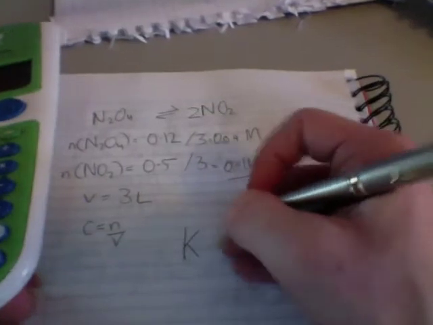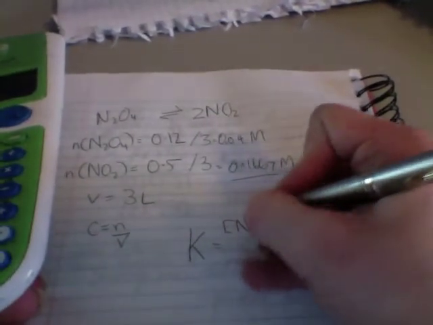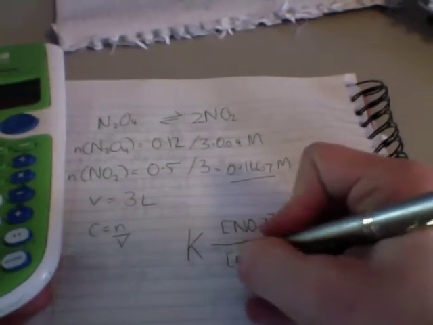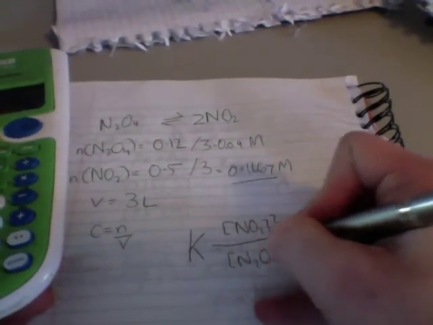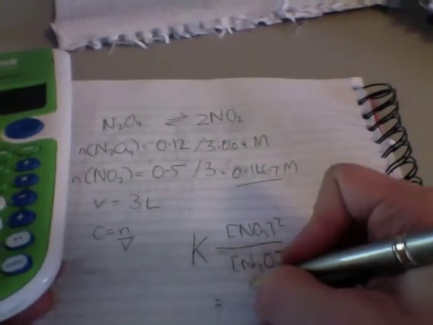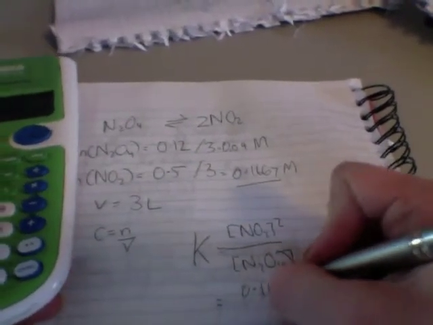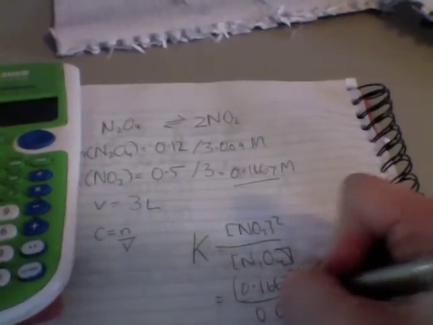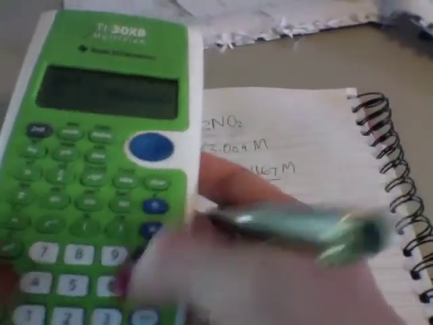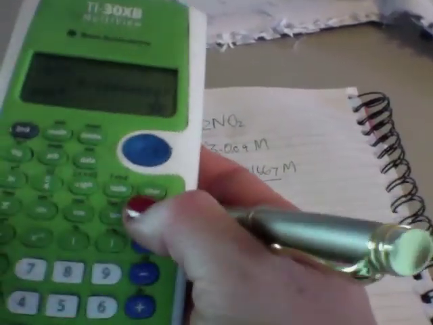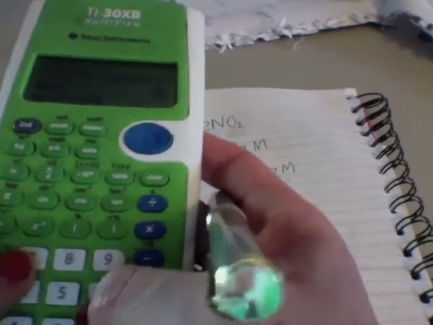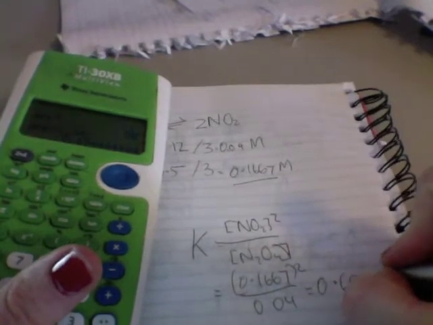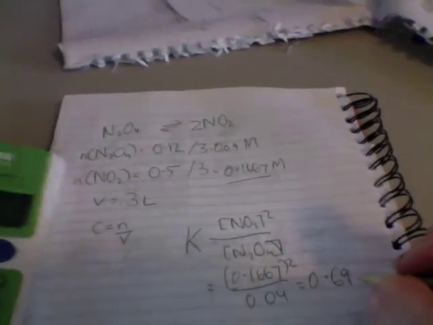K is NO2 squared divided by the concentration of N2O4, which equals 0.1667 squared divided by 0.04, and it should be 0.69 to the correct number of significant figures, which is 2.